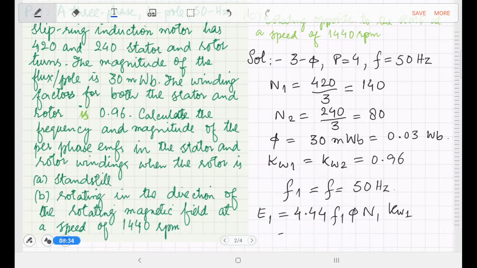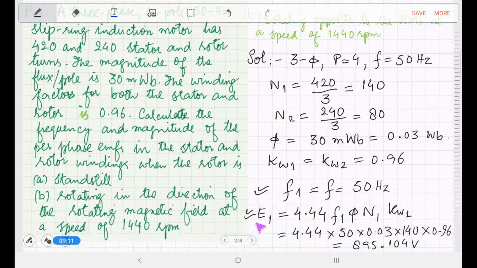So let's put the values in this equation. 4.44 into 50 into 0.03 into N1 is 140 into Kw1 is 0.96, which equals 895.104 volts. So it will be same in all the 3 cases, the frequency as well as the EMF induced.